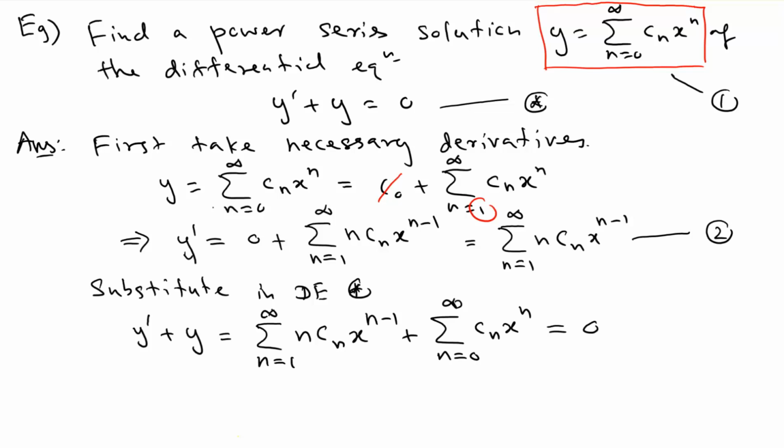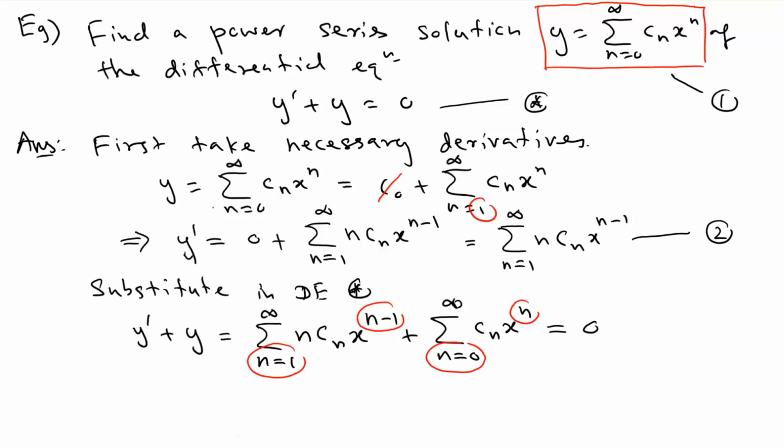Now the thing is that you can see they have different indices now. Here it's going to start with n equals 1, here it's n equals 0, and also we have different powers. So that means you cannot add them directly. So what we're going to do is use the seesaw argument to add them.